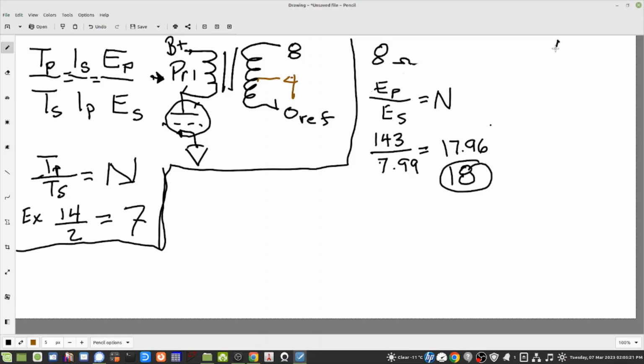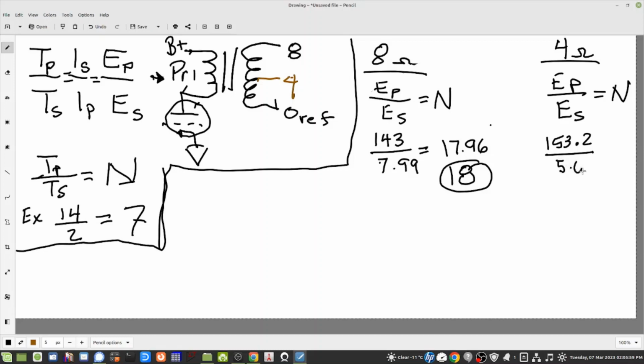Now, we'll do the same thing for the 4 ohm load. So we have EP over ES equals the turns ratio. And we measured 153.2 volts over an input voltage of 5.63, and equals our turns ratio.